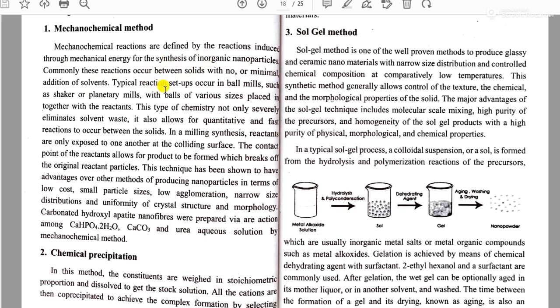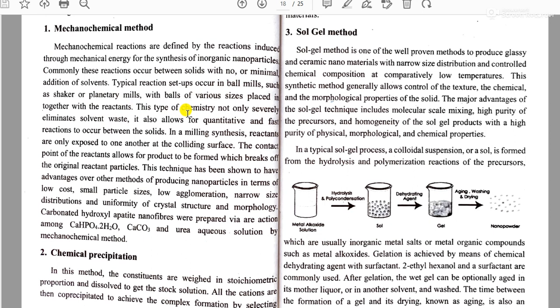A typical reaction setup occurs in ball mills such as shaker or planetary mills, with balls of various sizes placed together with the reactants. So inside a ball mill or a planetary mill, balls of various sizes are placed along with the solid reactants which we want to react.